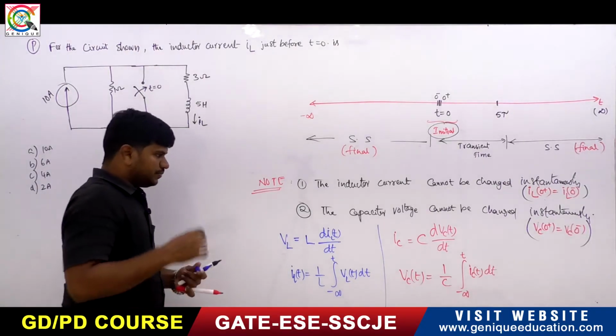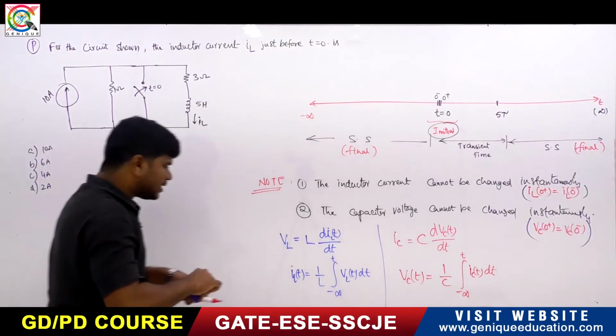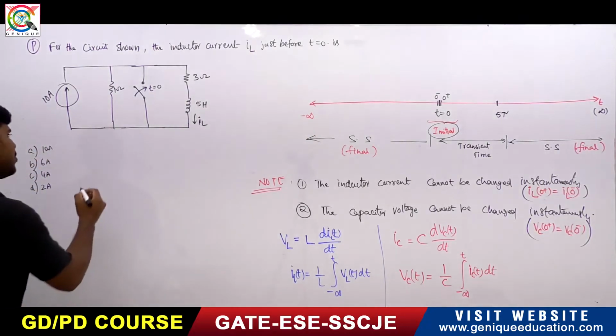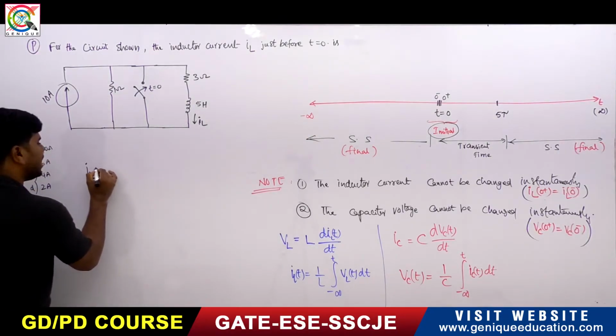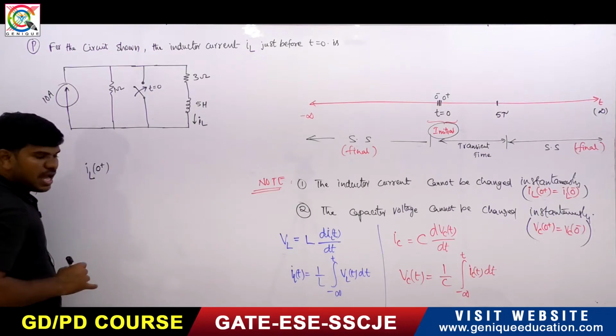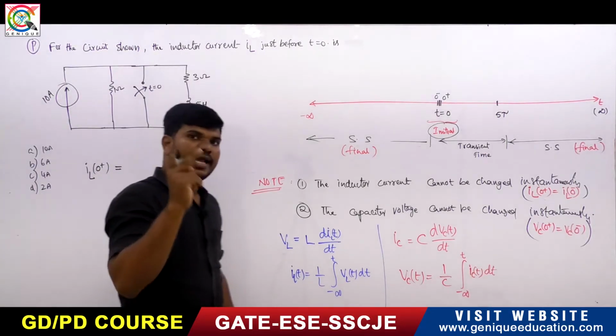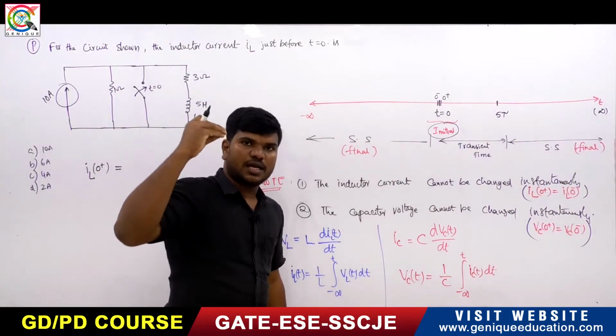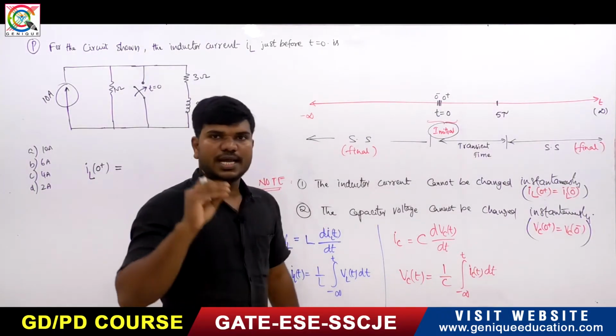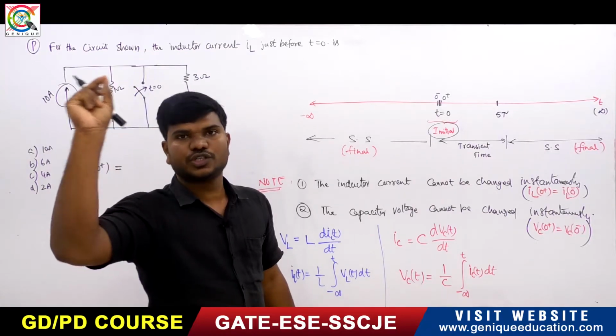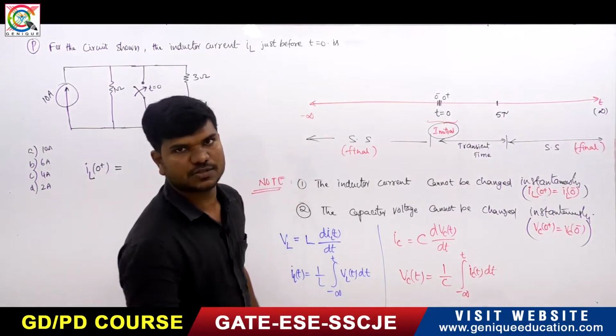Now, if you observe this, suppose I want to write IL of 0 plus. What am I calculating? IL of 0 plus means the current through the inductor at t equal to 0 plus, that is, immediately after the switching takes place.